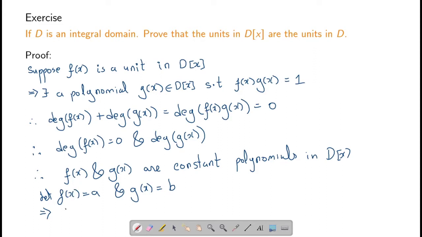Therefore, a times b, looking at them as polynomials, you get 1, which would mean that multiplying them in the integral domain will also give us 1, and which tells us that a is a unit in D. Okay, so what we have shown here is that f(x) is the constant polynomial a and a is a unit in D, and this is what we wanted to prove.